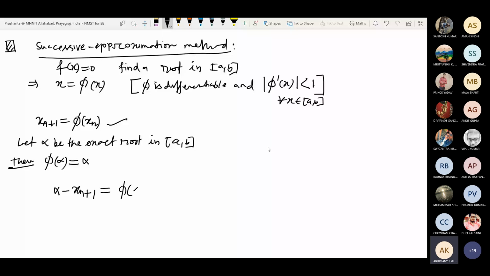Phi of xn. Now phi is differentiable, so we shall be applying Lagrange mean value theorem, LMVT. If you apply Lagrange mean value theorem, it will be alpha minus xn into phi dash c, where c lies between alpha and xn.